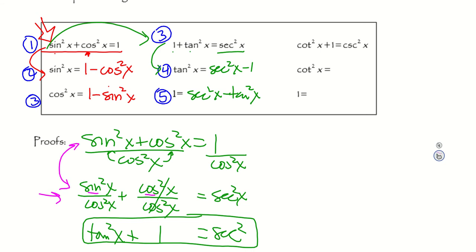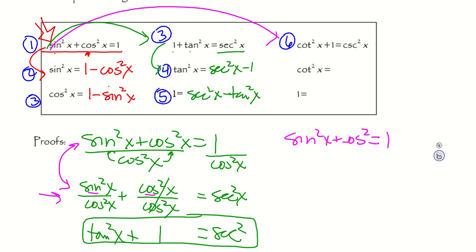Now, similarly, I can get my sixth identity from my first identity. So we're going to start again with sine squared of x plus cosine squared of x equals 1. This time I'd like a cosecant squared, and since 1 divided by the sine of x is cosecant, then 1 divided by sine squared will be cosecant squared.